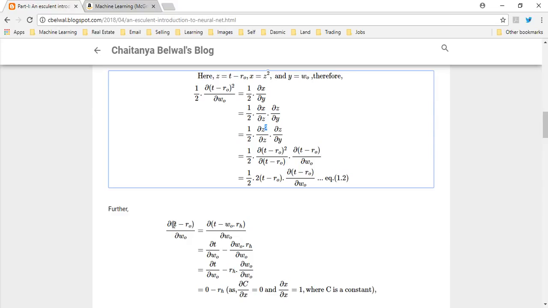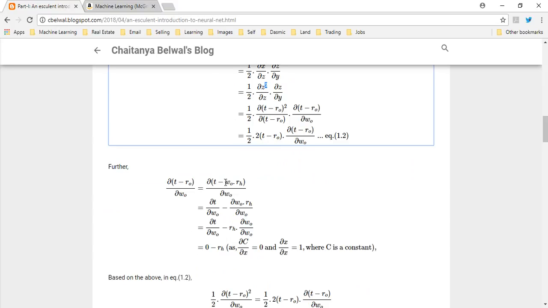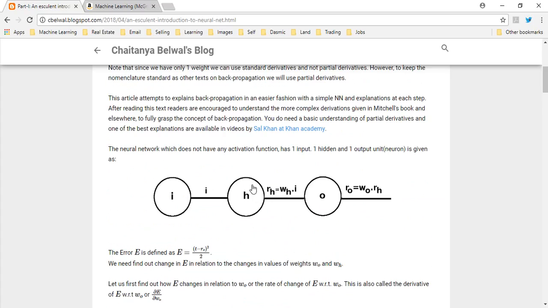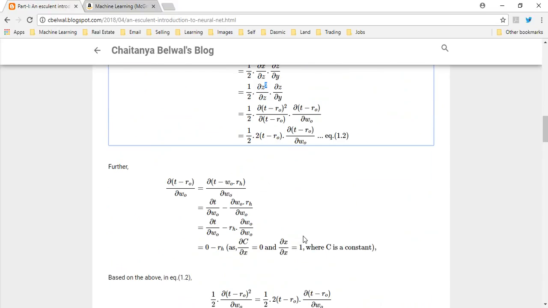So we are trying to find the rate of change of t minus r0 in relation to w0. Now recall r0 is equal to w0 times rh as given in the original neural network. So we put the value here.